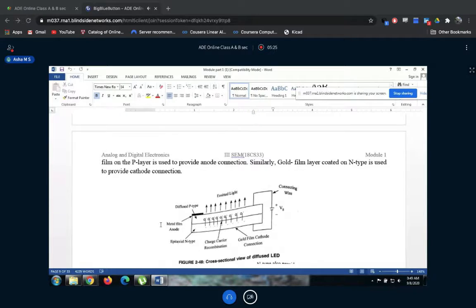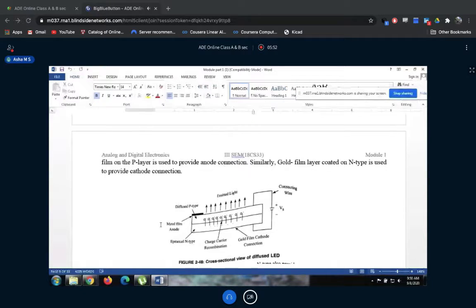If it gets converted into heat, then you will get the output in the form of voltage or current. If it gets converted into light, light is emitted out of that circuit, correct? So if the semiconductor material you have chosen to construct a PN junction diode is silicon or germanium, then what happens?